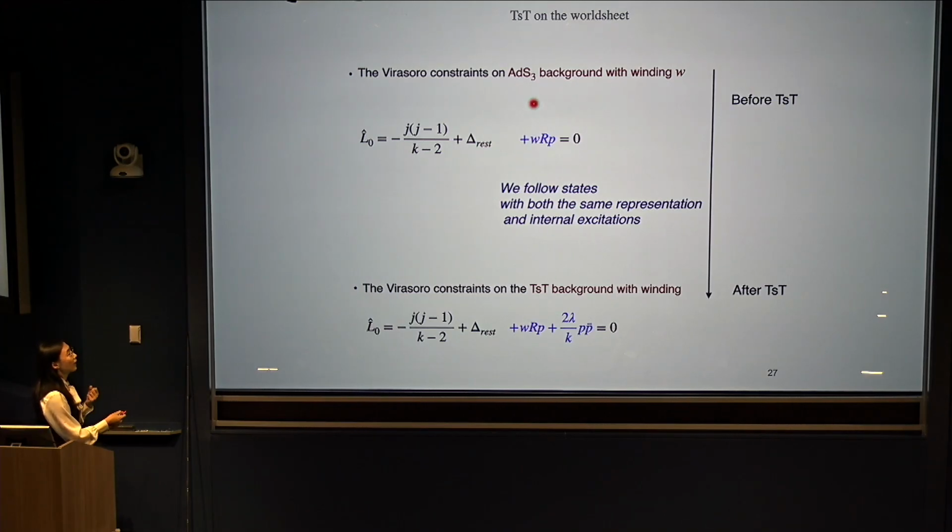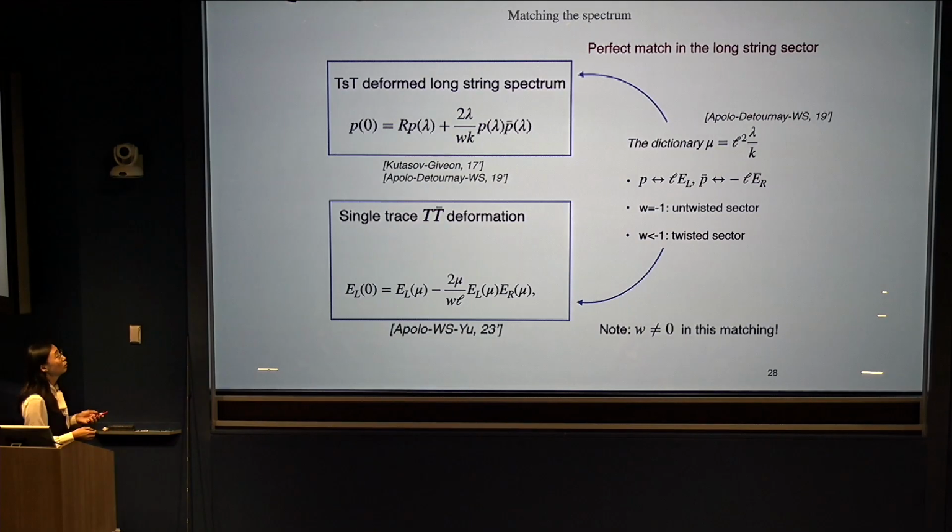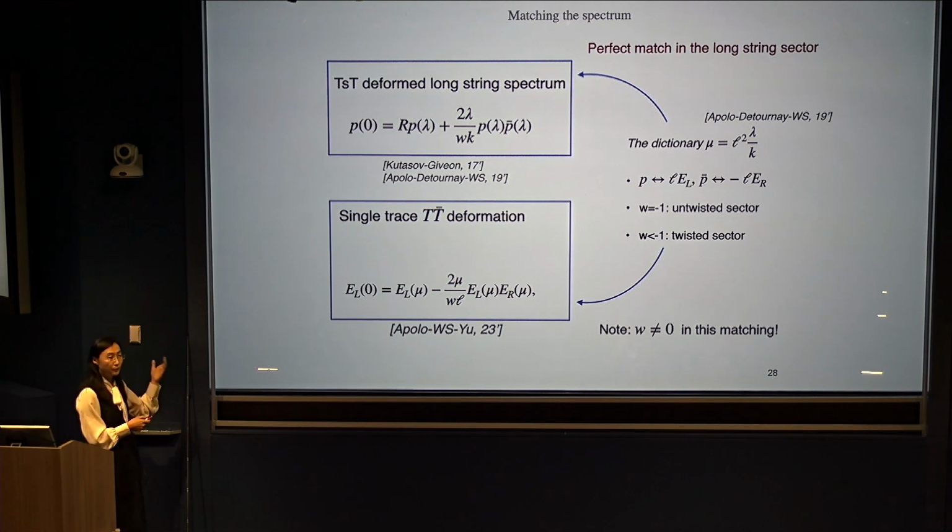And what we can do is to relate the momentum or the energy along this certain U1 direction before and after. And this P and P bar are just the left moving and right moving energy.